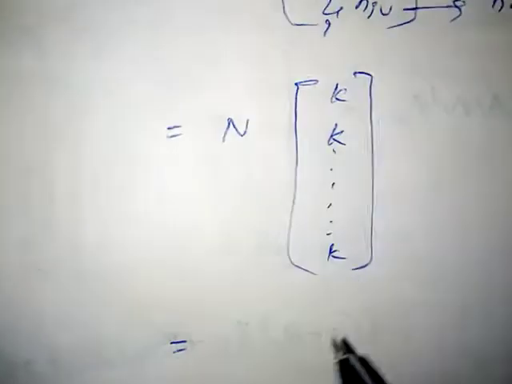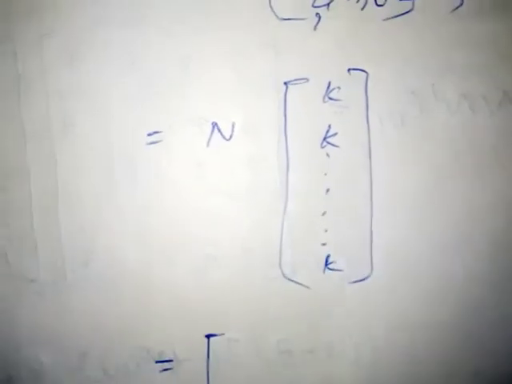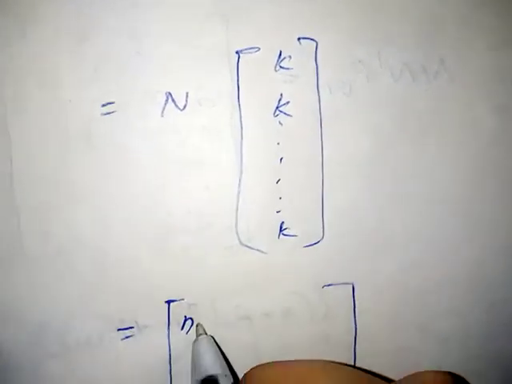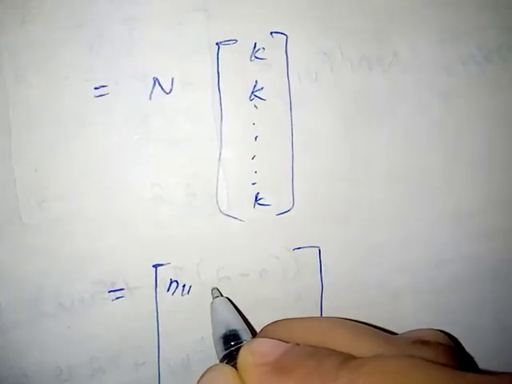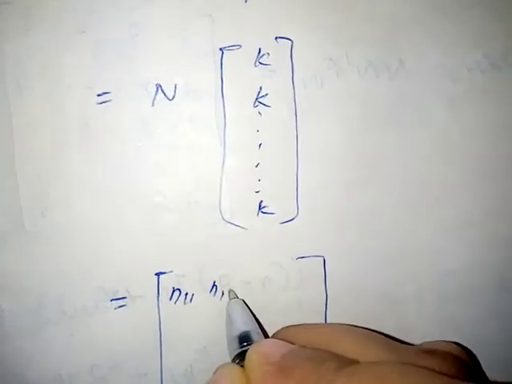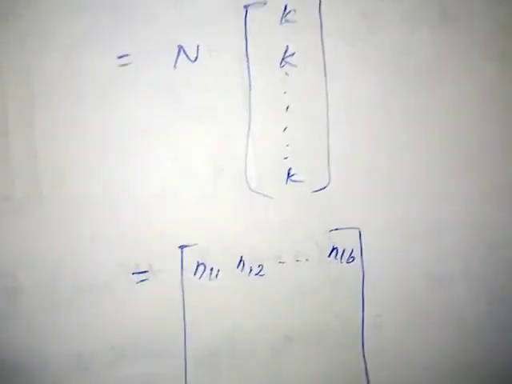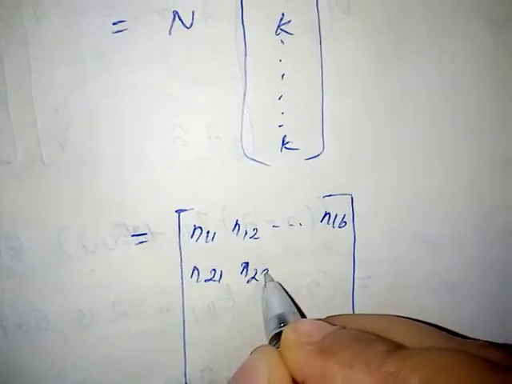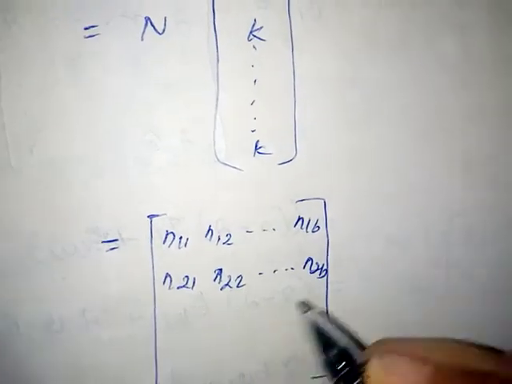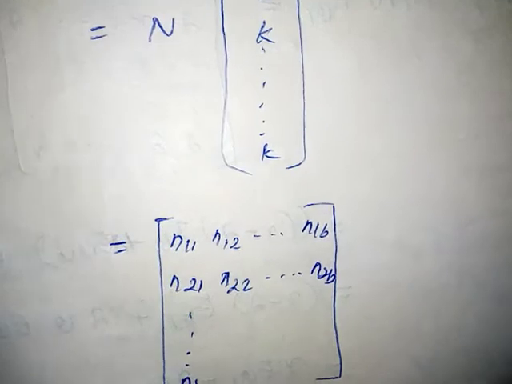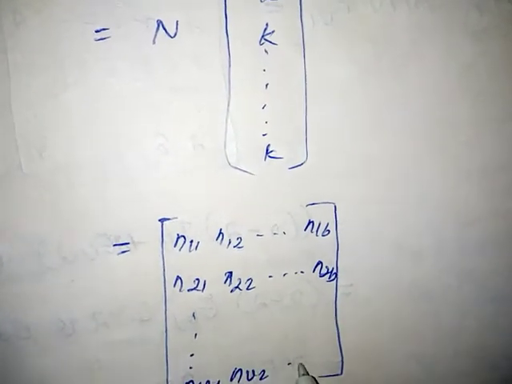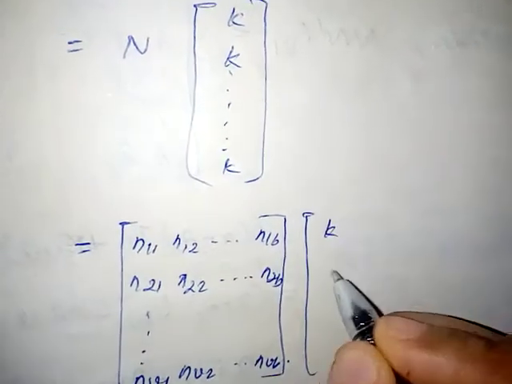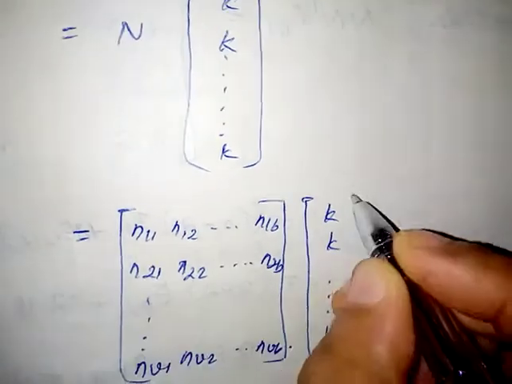Then what is N? It's an incidence matrix, right? Write capital N equal to n11, n12, and so on, n1b; n21, n22, and so on, n2b; similarly here n_v1, n_v2, and so on, n_vb, into this k, k, and so on, k.